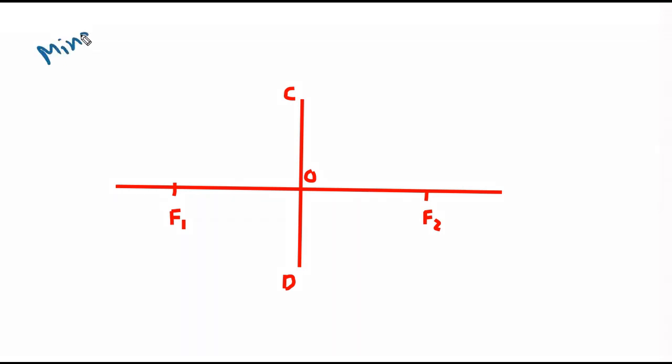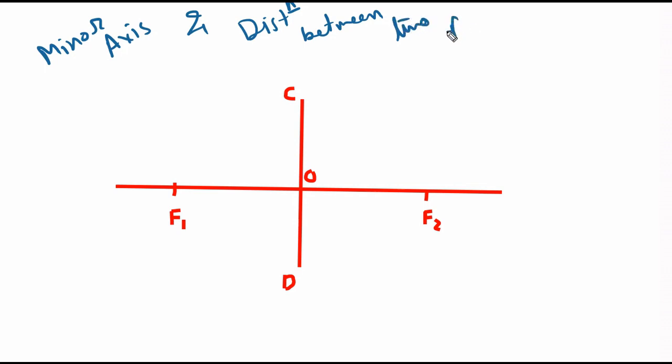Now say the given data are the minor axis and the distance between the two focus points, that is F1 and F2, is given.